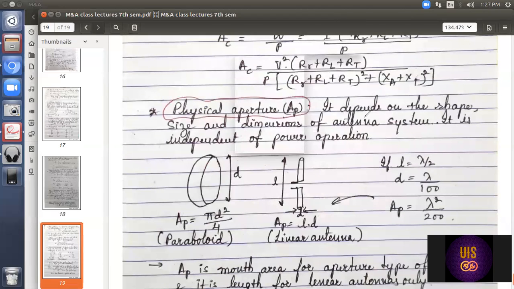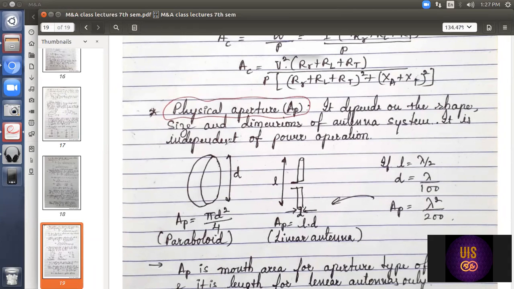So physical aperture depends on these parameters, and physical aperture is independent of the power of operation. Means we don't know how much entered, how much lost, how much scattered, but physical aperture is what is visible to you.